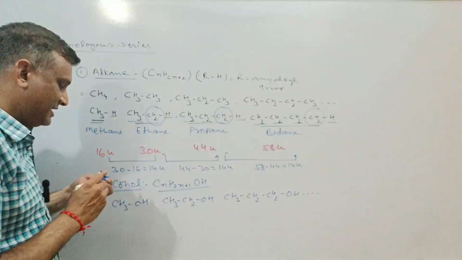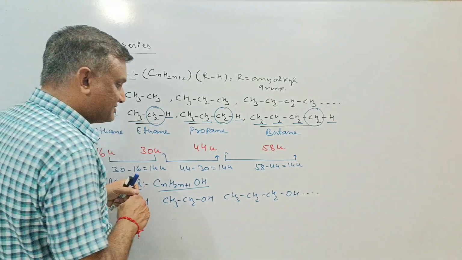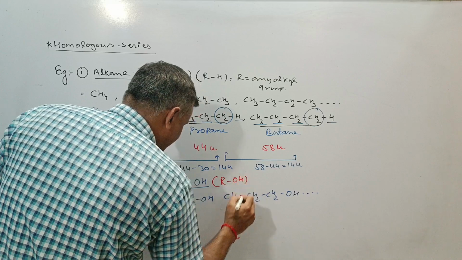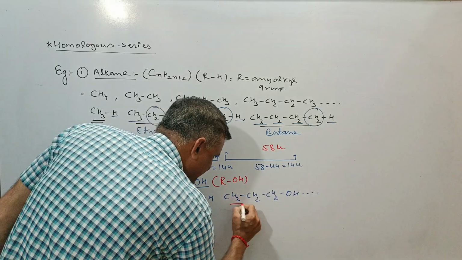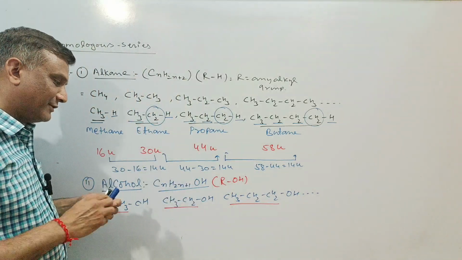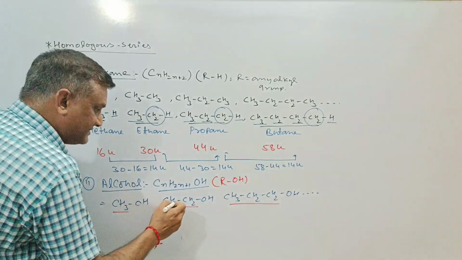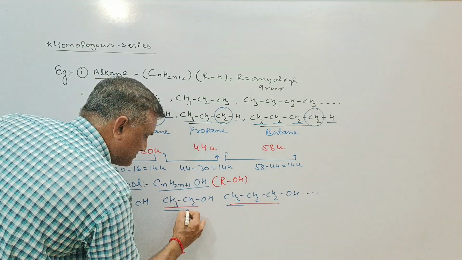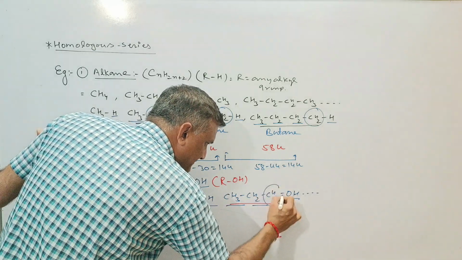The common formula is the same, CnH2n+1OH, and the general representation is ROH, where R is a methyl group, ethyl group, n-propyl group. The difference in molar mass will be 14, you can calculate, and in structure the difference will be CH2. Between two continuous members, this is CH3, this is CH2, this is OH, so it's a difference of CH2.